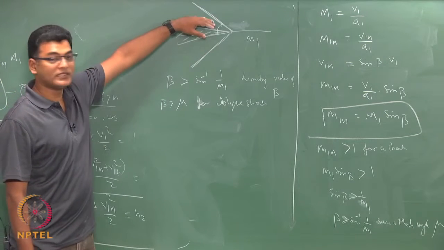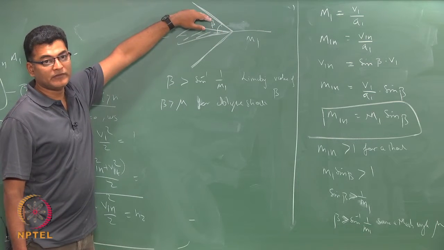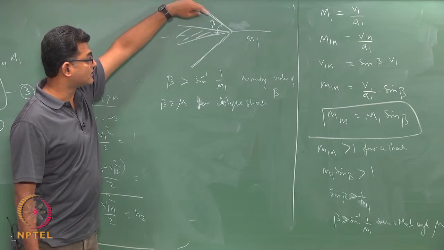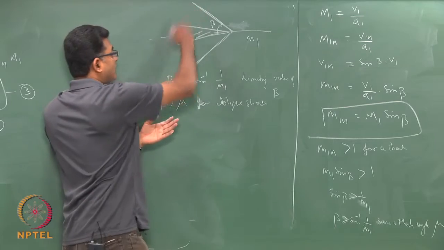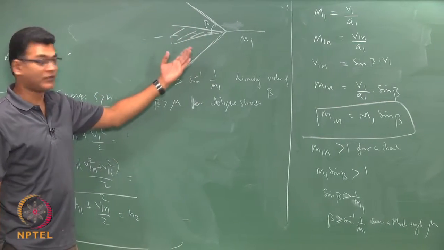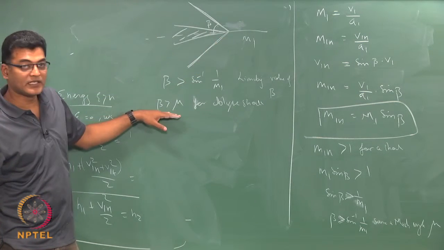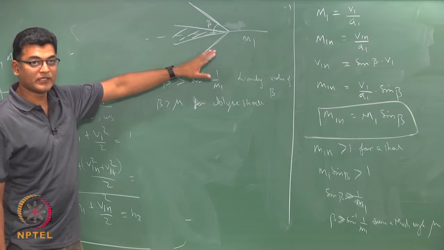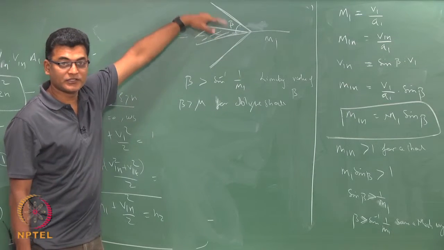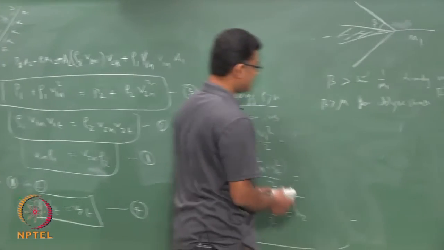The limiting condition is when M equals 1, and then you anyway do not have a shock. The Mach angle is a coalescence of all the waves generated by the sound waves. So, this surface, when you have this condition, is also called a Mach wave because of that reason. It is a wave that is generated, and it is also the shock wave that is there. So, either way it is the limiting condition.